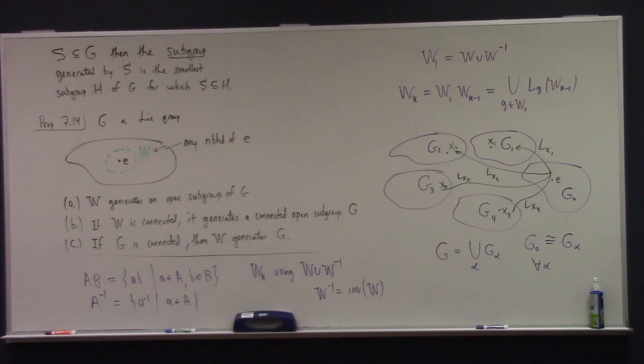Then the kernel of F, which I'll define for you, is the set of g in G such that F of g is equal to the identity element in H. The kernel of F is a properly embedded Lie subgroup of G whose codimension is the rank of F.